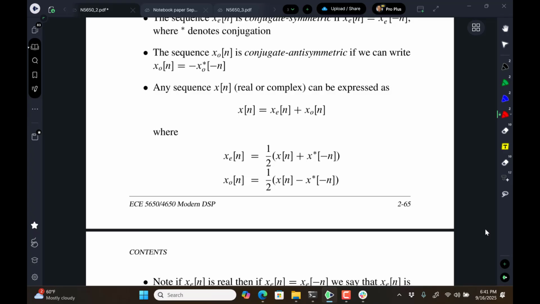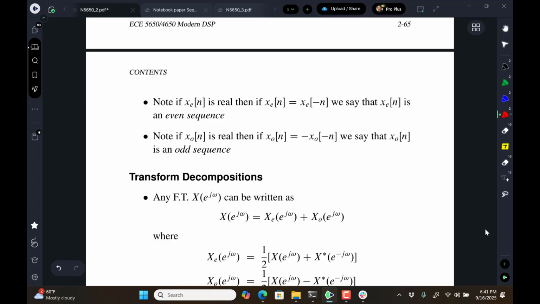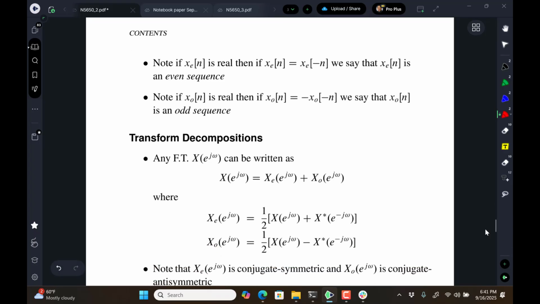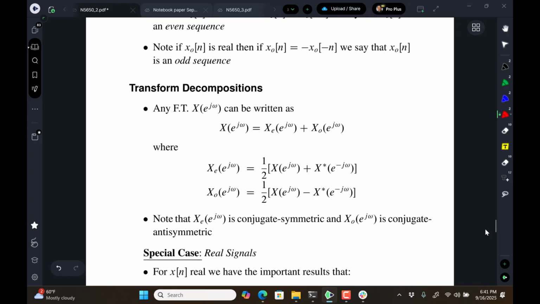And then here's how you get the even and odd parts. Then if you work with the even and odd portions, you'll get, of course, that the Fourier transform will be the sum of the odd part and the even part. And then you can go backwards to get the even and odd parts from the total Fourier transform.